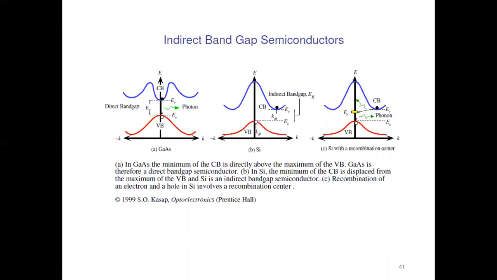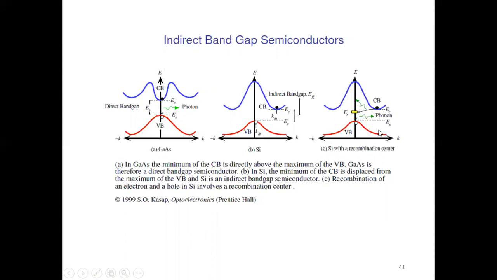So in case of a recombination in this kind of system, where an electron jumps from the conduction band to the valence band, the advantage is that the laws of conservation for momentum and energy are valid. Whereas for an indirect gap material like silicon, the minima of the conduction band is displaced from the maxima of the valence band. So it's an indirect gap material.